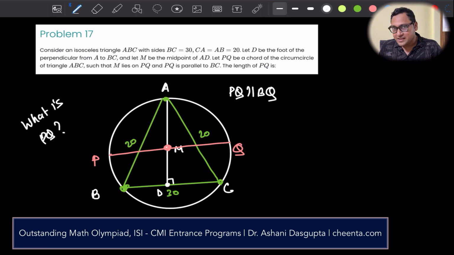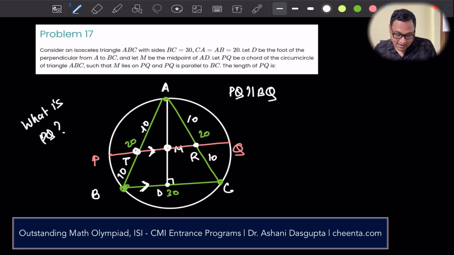First things first, we will use the midpoint theorem. Since M is the midpoint of AD, and this is parallel to BC, therefore this point T and this point R are also midpoints of AB and AC. It's just the midpoint theorem. So this is 10, this is 10, this is 10, this is 10.